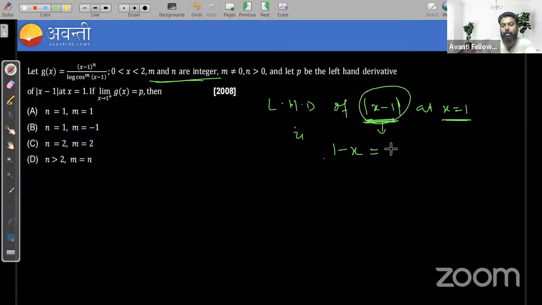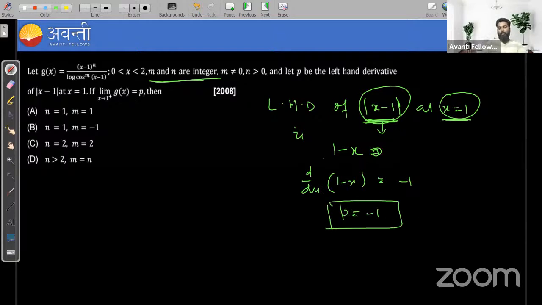This is the function we are getting, and p is the left hand derivative of this function at x is equal to 1. If we take the derivative of 1 minus x, that gives minus 1. So p is equal to minus 1. So the left hand derivative we are getting is minus 1, right?